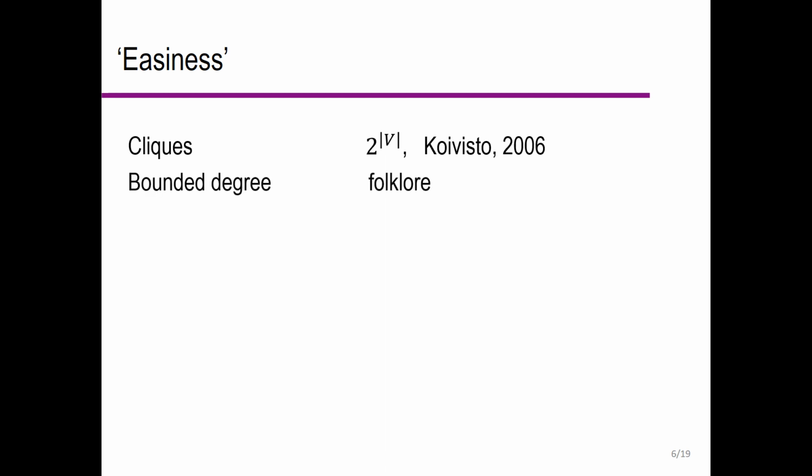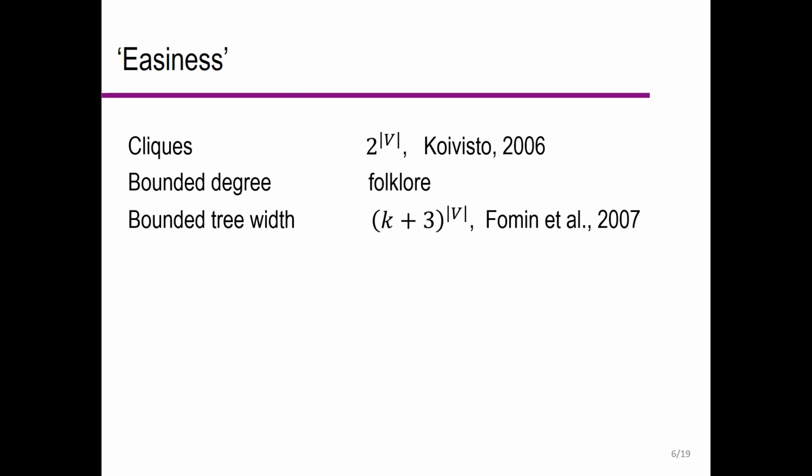Several examples of plain exponential classes of graphs exist in the literature. They include the class of all cliques. For this class, there is an algorithm that solves the problem in time 2 to the power of the number of vertices of graph G, the source graph. The graphs of bounded degree, bounded tree width.